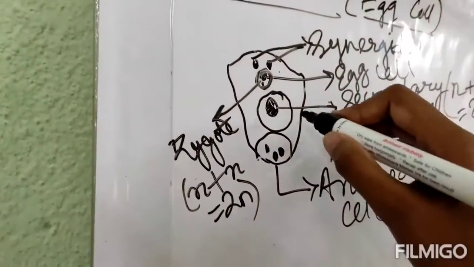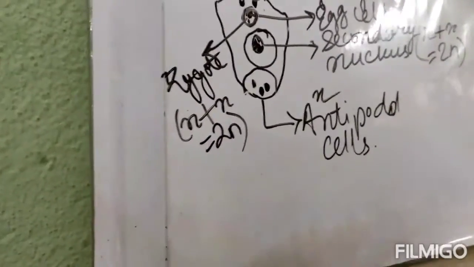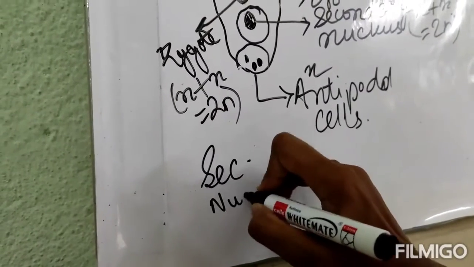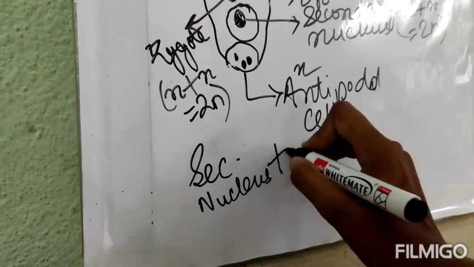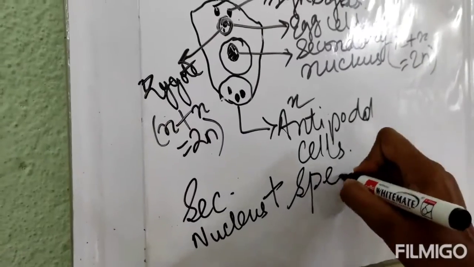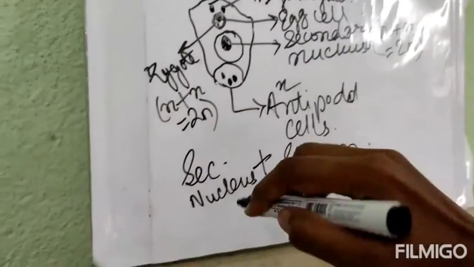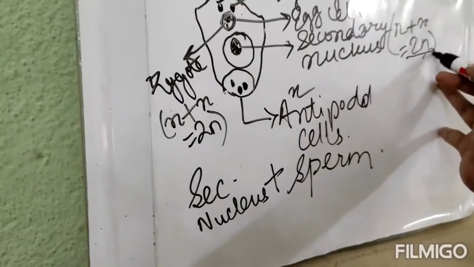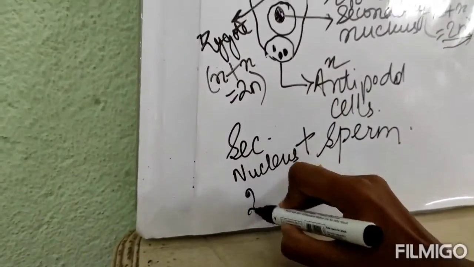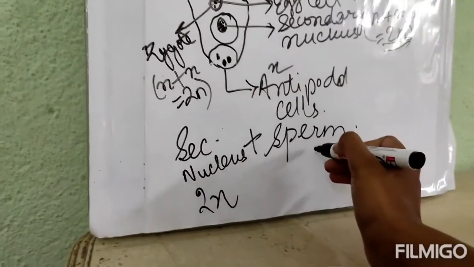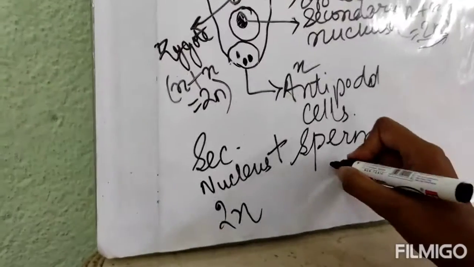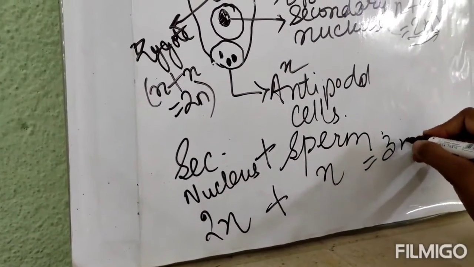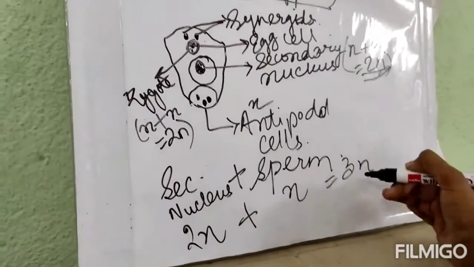So, secondary nucleus plus sperm. Got it? Now what is the chromosome number of the secondary nucleus? 2N. What is the chromosome number of the sperm? It is haploid, so N. So 2N plus N, the chromosome number of the resultant product will be 3N.